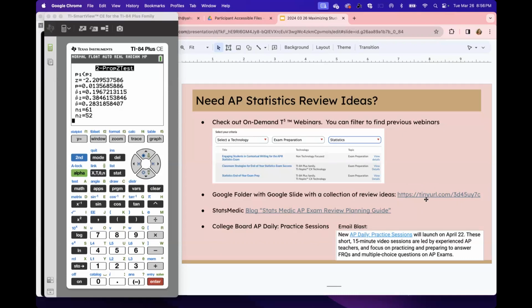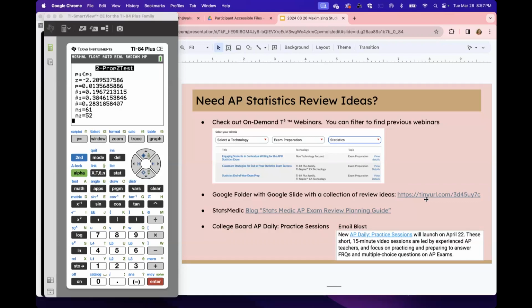Look at the Google slide to see what's all there. And that folder has all the files that you need. And I've updated it each year, added a few more things into it. Recently, StatsMedic has a blog post that's guiding you about planning for your review that I thought was really good. So I threw that on there.